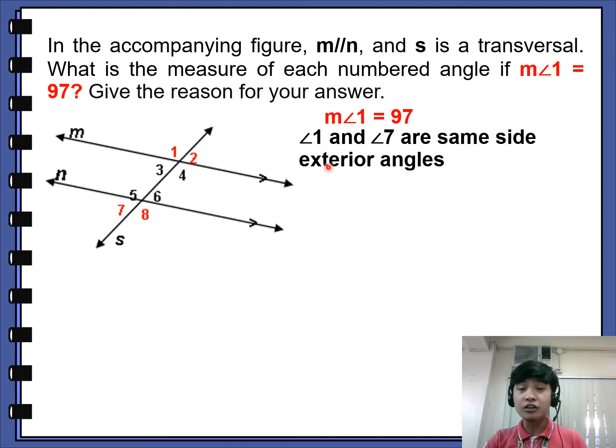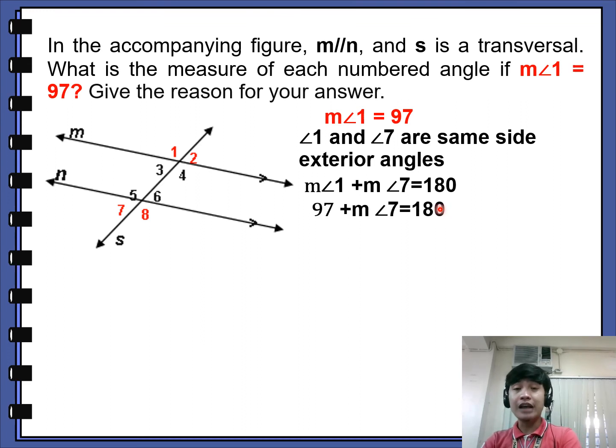So as a result of that, the measurement of angle 1 plus the measurement of angle 7 is equal to 180. Okay? Ngayon, substituting our angle 1 here in this equation, 97 plus measurement of angle 7 is equal to 180. Pag dilipat natin si 97 doon sa kabila, the measurement of angle 7 is equal to 180 minus 97.